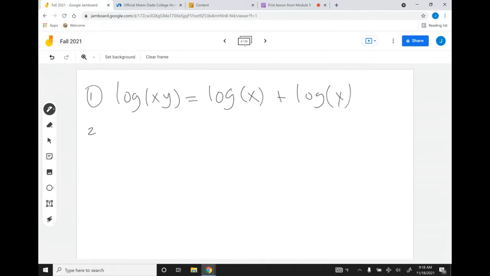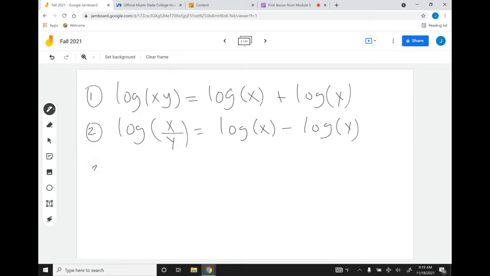So this is the first one. This is something that you already know. And this is the difference. We're going to be using this throughout, so I'm going to leave this here, and from time to time I'm going to go back to look at these, okay?